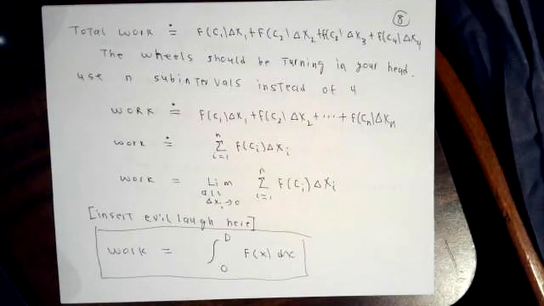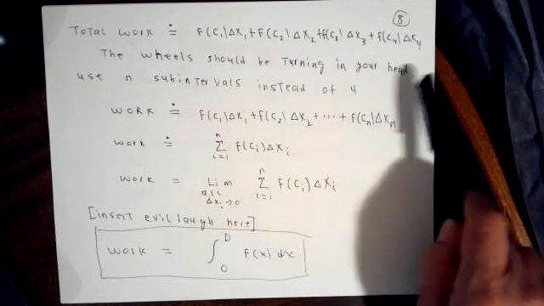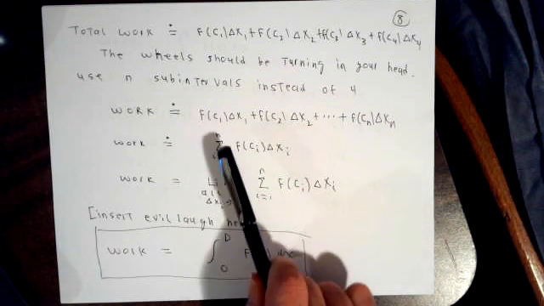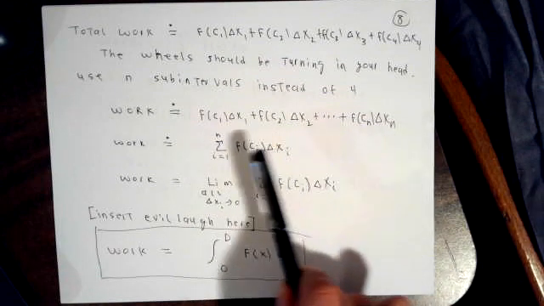The total work is then given by the amount of work on each subinterval from 1 to 4 summed up. It is equal to that quantity. If you've been following along, you already know what's going to happen. If I had n subintervals instead of just 4, I would have n such contributions.